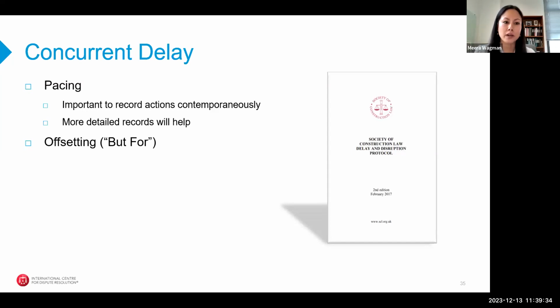Concurrent delay really does require forensic delay analysis. There can be different things going on in the project that may appear just purely on the face of the schedule or the timing of certain events as concurrent critical path delay. But there's a concept called pacing.